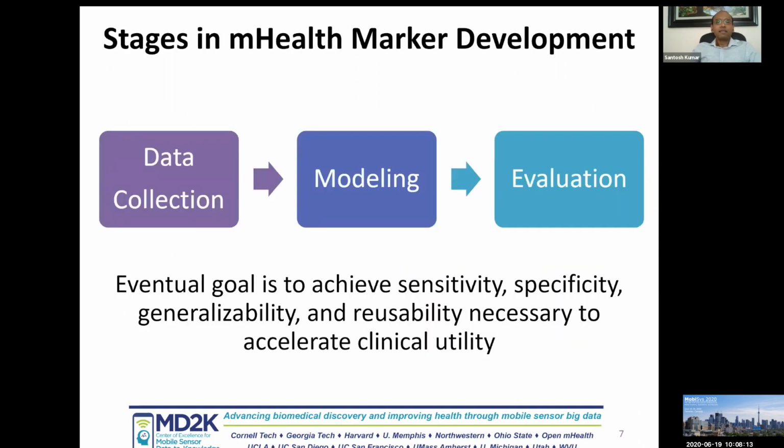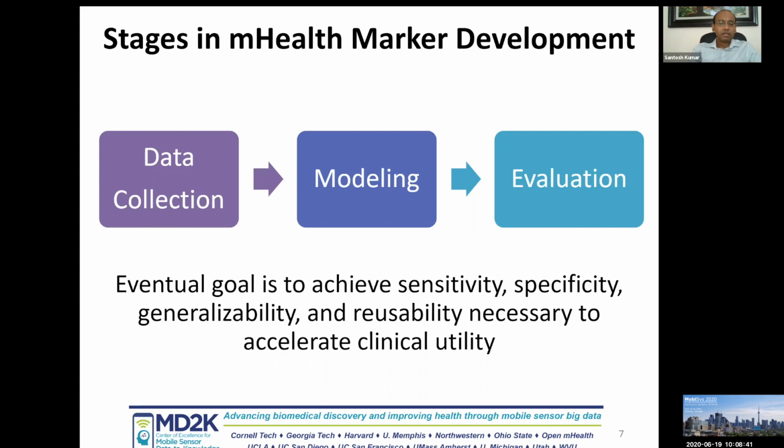When I think about the mHealth markers that we have developed, I broadly divide them into 3 stages: data collection, modeling, and then evaluation. And our eventual goal has been to achieve the sensitivity, specificity, generalizability, and reusability that is a must to have clinical utility.